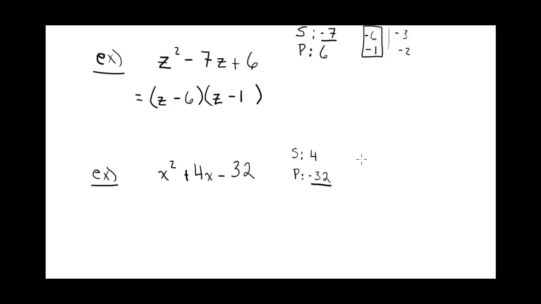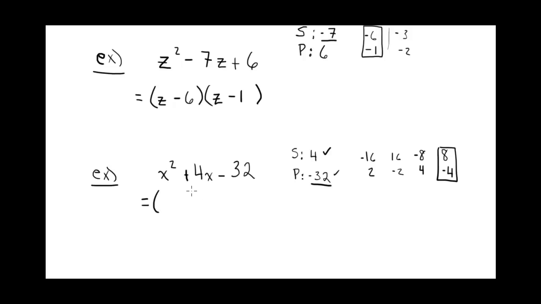So what numbers multiply to 32? Well, 16 and 2, and then one would have to be negative, and then you could also try 16 and negative 2, but neither of those will add to 4. So what else? 8 and 4, and then let's say negative 8 and 4. If you add those, you get negative 4, so not 4, but 8 and negative 4, that pair should work. So 8 plus negative 4 is 4, 8 times negative 4 is negative 32, so there's our pair of numbers.